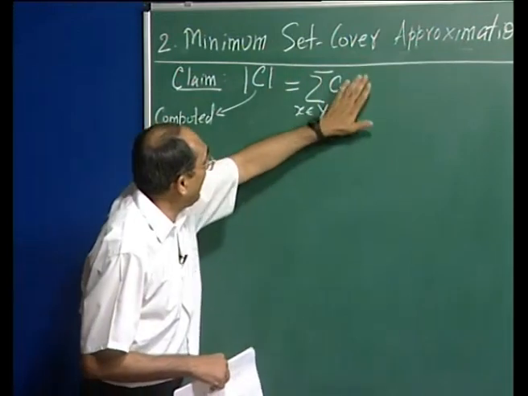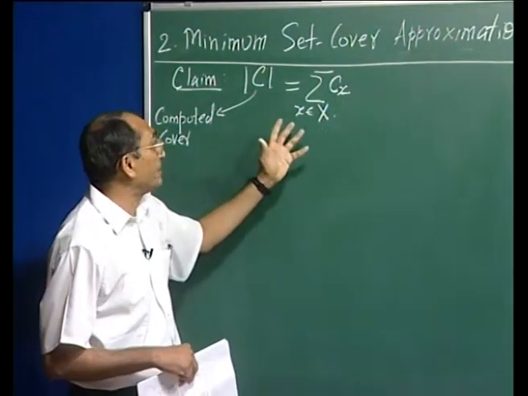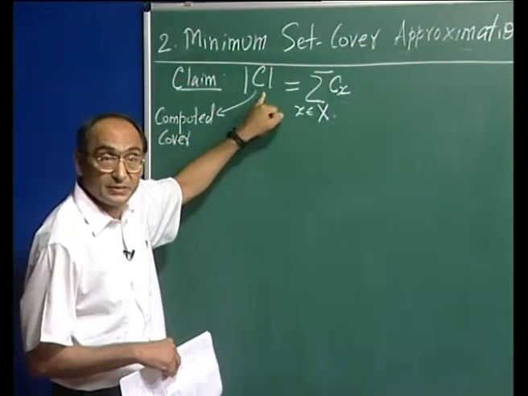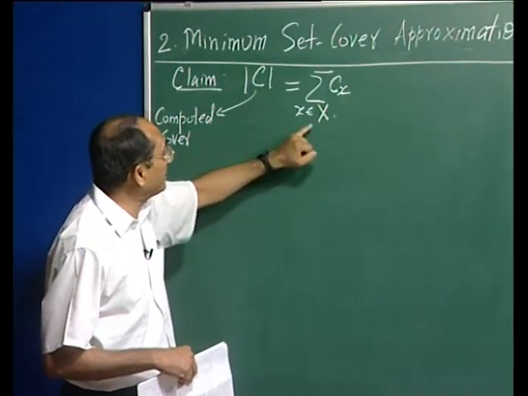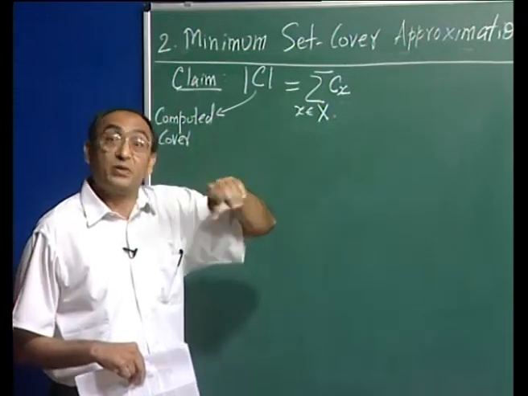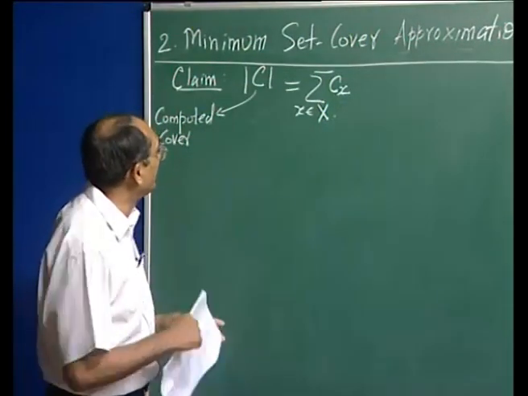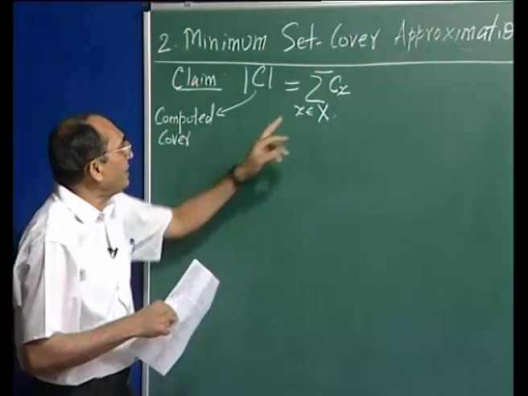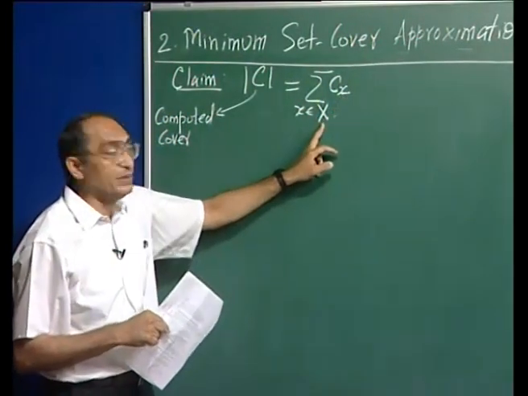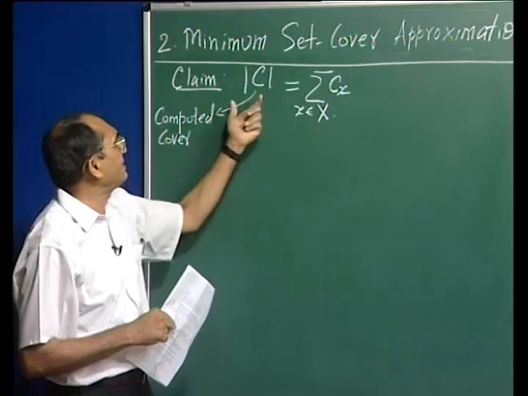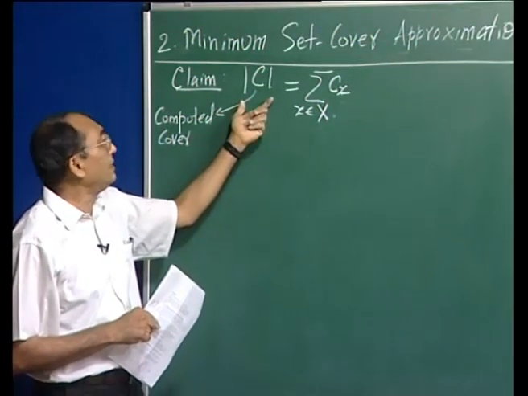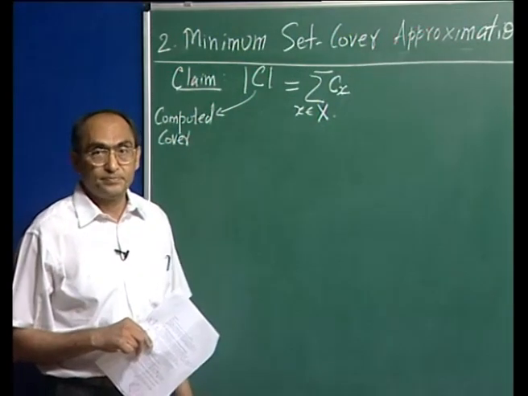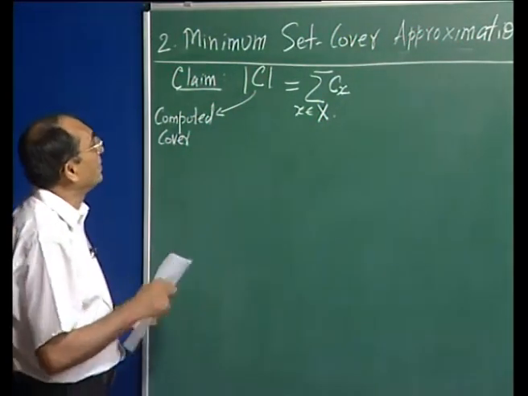So, if I add up the costs of, remember that C being a cover, every member of X is already covered in this. Everybody is covered exactly once for the first time for trivial reason. Hence, if I just add up the costs of every element of X, I am getting precisely the number of sets put inside C. Isn't that trivial? Okay.